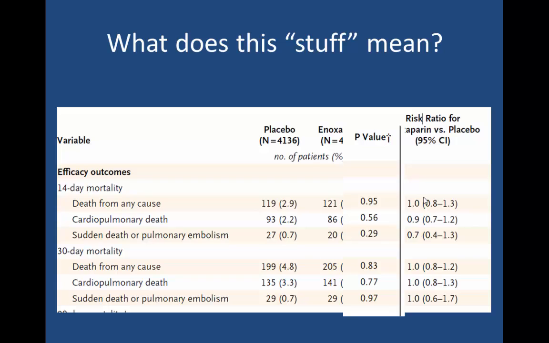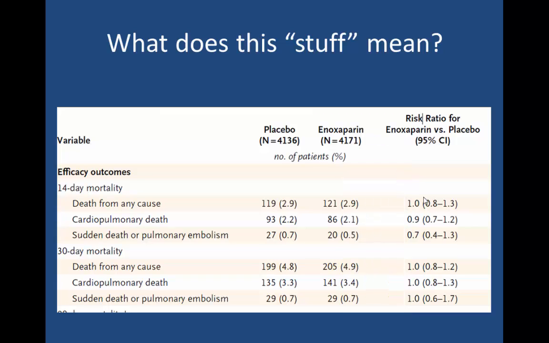Let me go back to this slide. If you were the author, you got to choose to either do risk ratios or to do absolute risk reduction. You have the percentages here. What's the actual difference between 2.9% and 2.9%? Well, it's 0. What's the actual risk reduction if I looked at the percentage of patients who had cardiopulmonary death in the placebo group and the enoxaparin group?